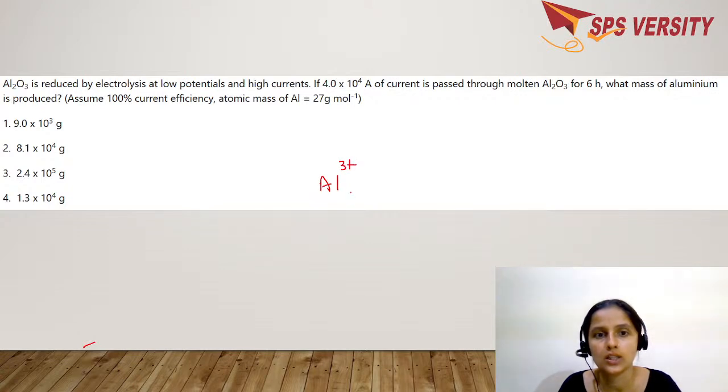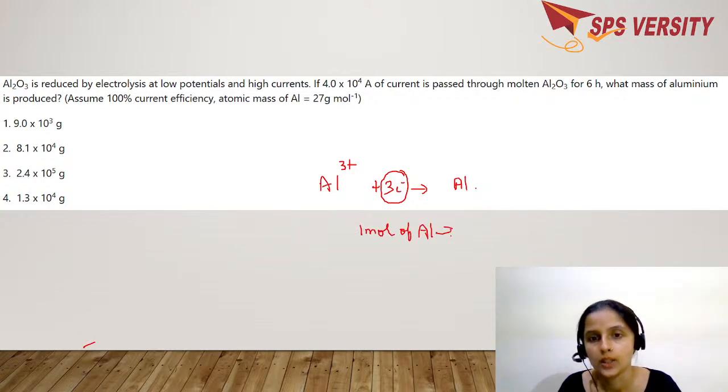In aluminium oxide, the charge on aluminium is 3+. It takes up 3 electrons and is reduced to Al. So for 1 mole of aluminium, you need 3 farads. That's 27 gram needs 3 times 96,500 coulombs of electricity.